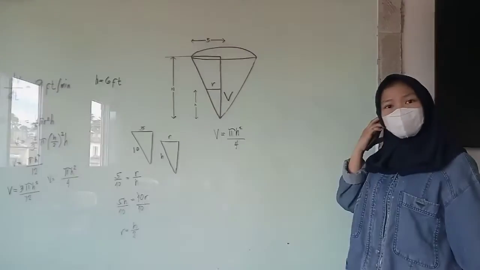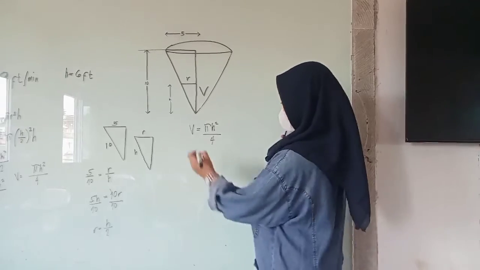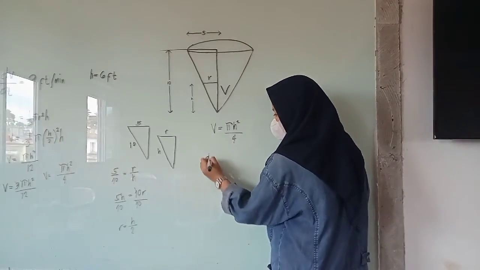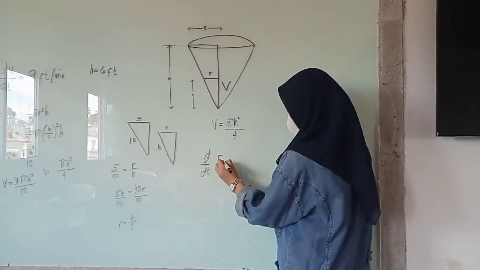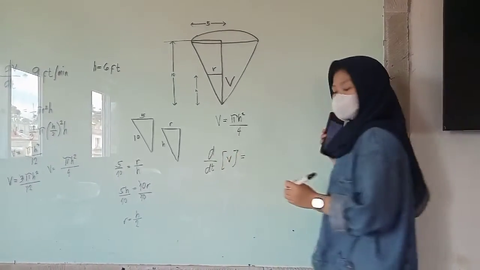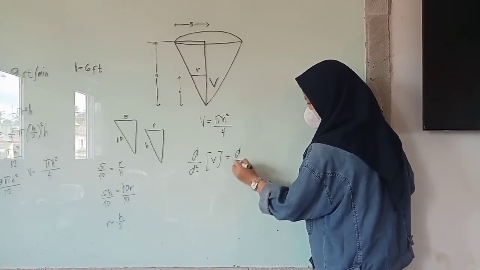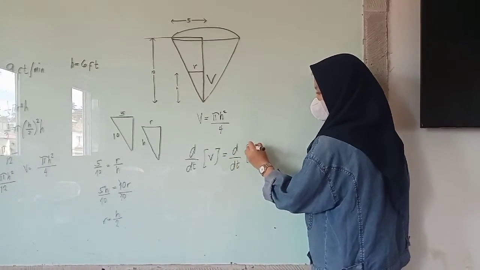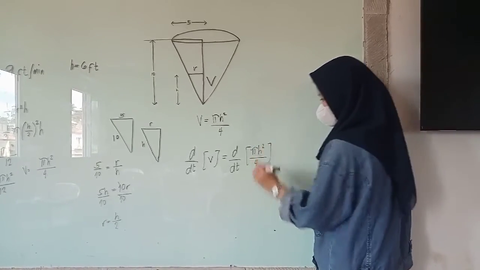Next, we have to differentiate both sides with respect to time. d over dt of volume is equal to d over dt of pi h squared over 4.